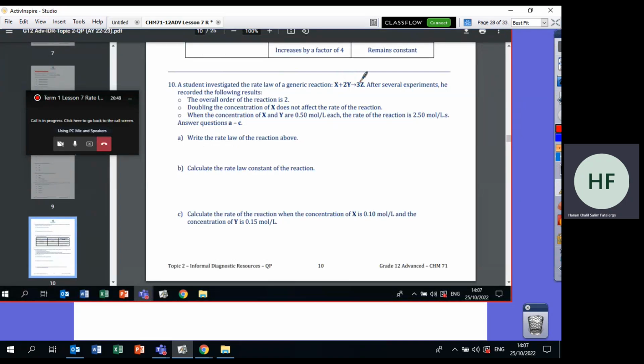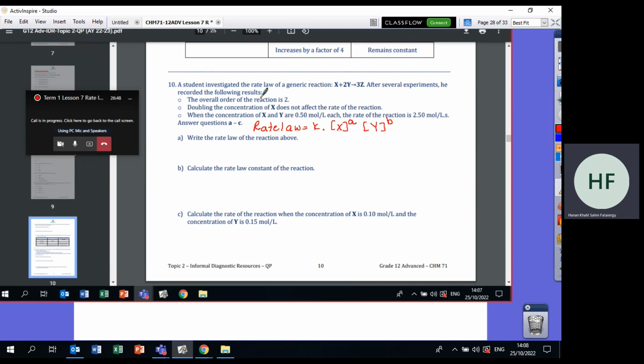As you know very well, the rate law will be dependent on x and y, so I can say the rate law is equal to k times x power a times y power b, and I don't know how much is a or b. A is the order of x, B is the order of y, and I need to know how much each one is.